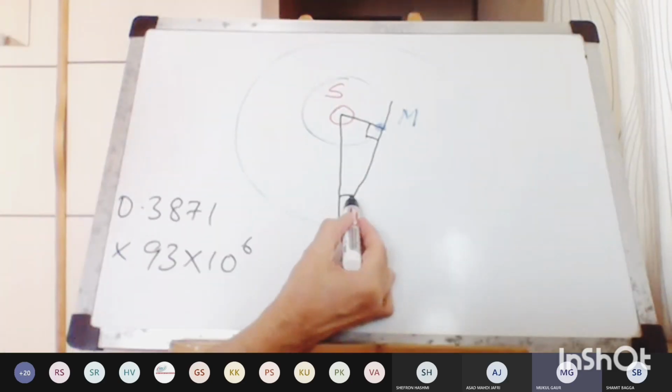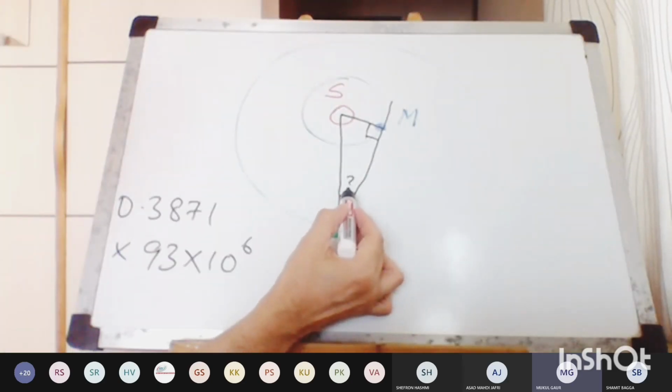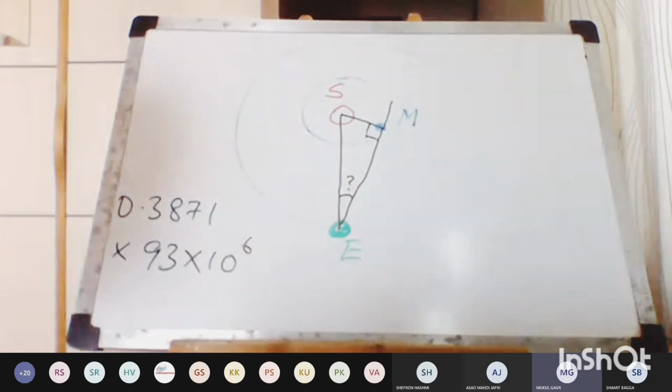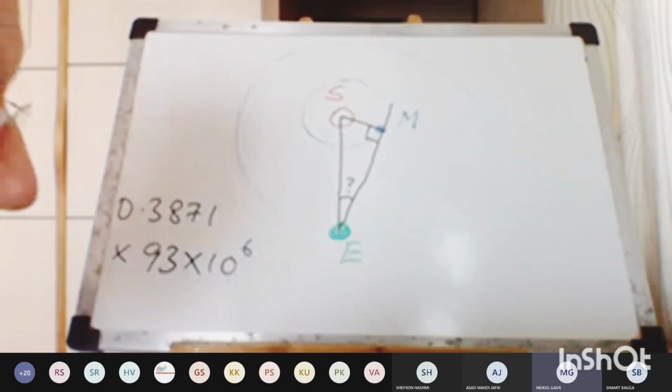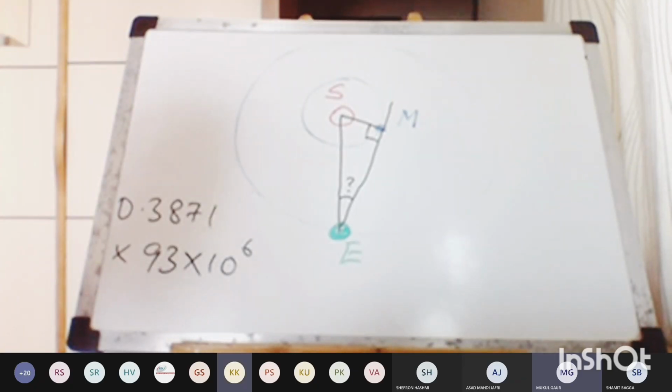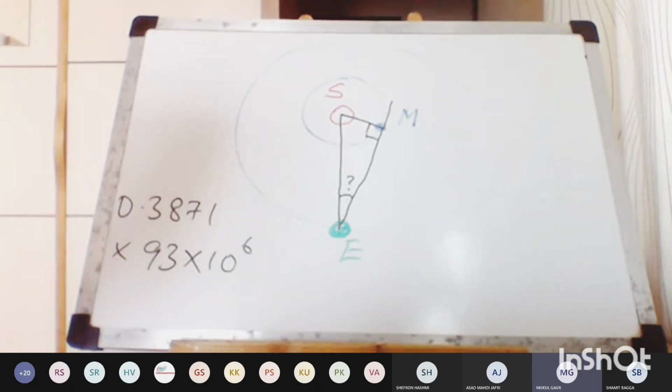We have to find this angle. Am I right? Have I understood the question correctly? Any other opinion? We have to find the maximum elongation of Mercury.